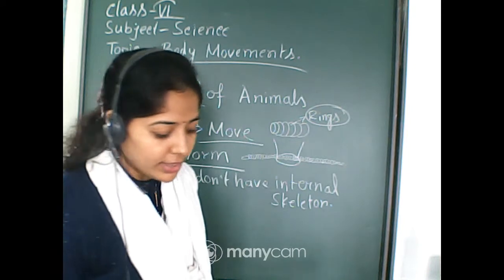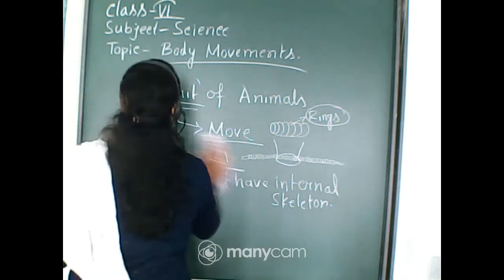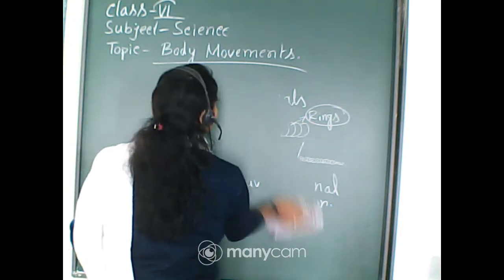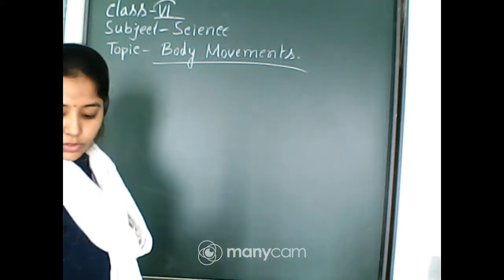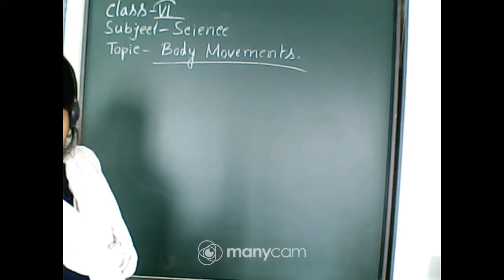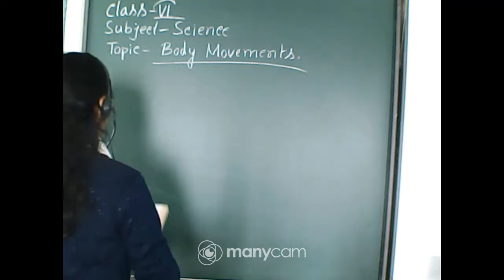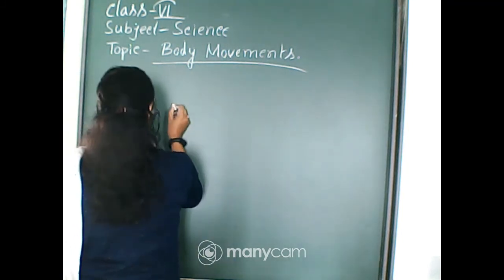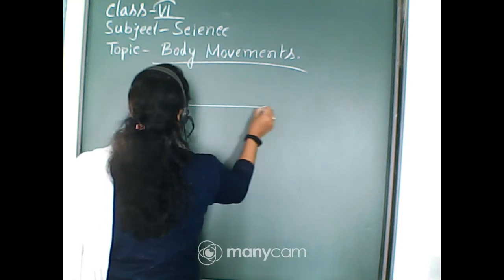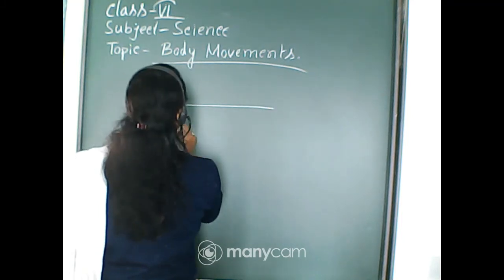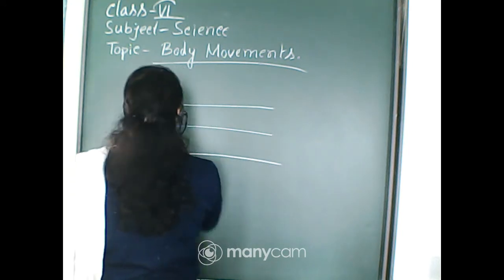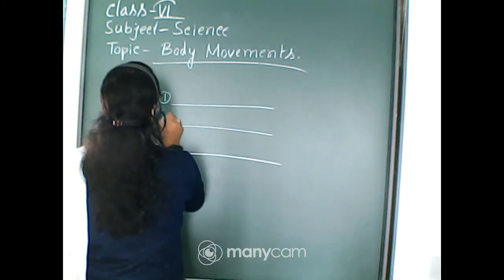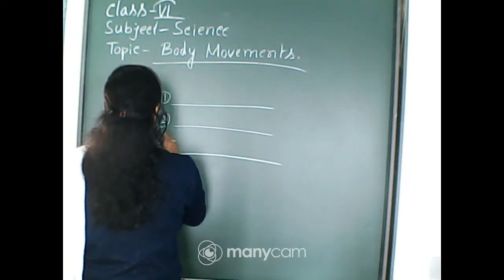Now I am drawing this picture of how they actually move. Just try to understand this portion. Here I am going to discuss three situations. It is a substrate. Here situation 1, situation 2, situation 3, how they actually move.